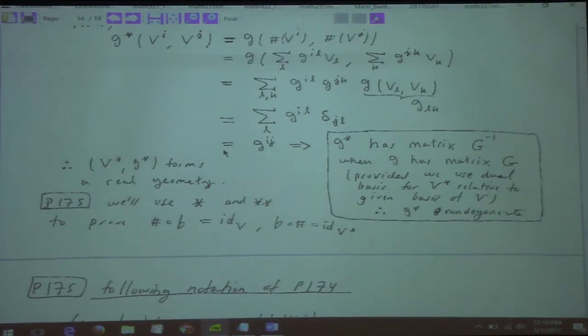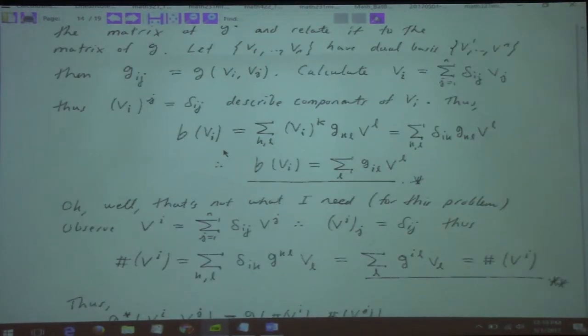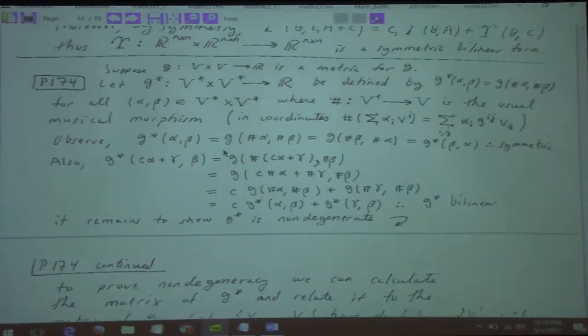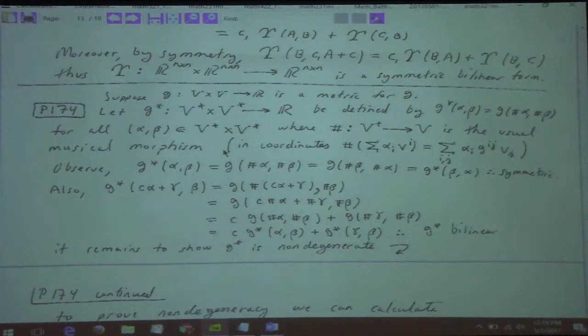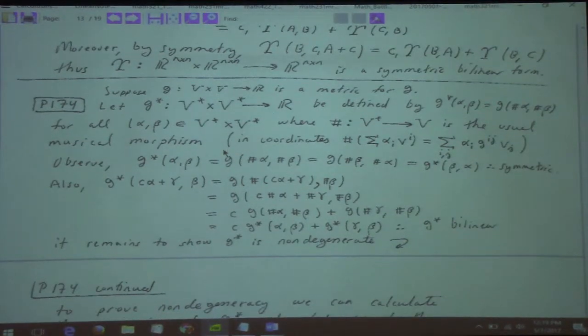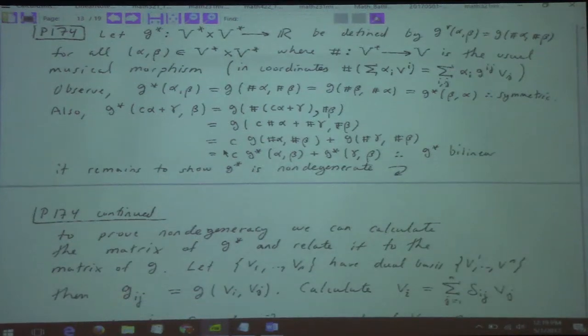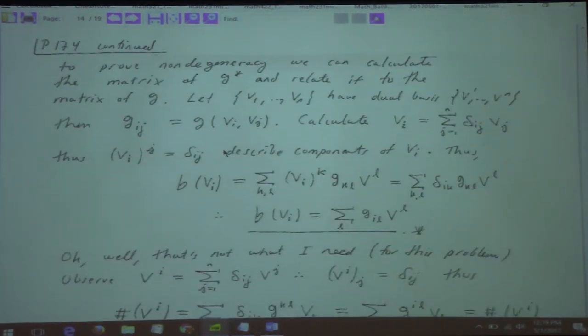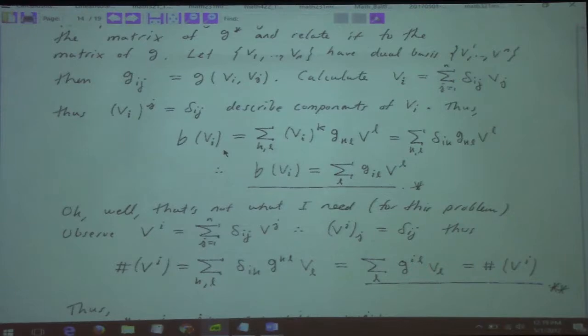About 174, the matrix of G star is not really G inverse of G, but the transpose inverse of G. You disagree with my solution for G star? Yeah, the matrix of G star. Now, are you disagreeing with the solution I posted or the one we're looking at right now? No, the result of the matrix of G star. I see in your solution on the blackboard. But the thing is, it's symmetric.